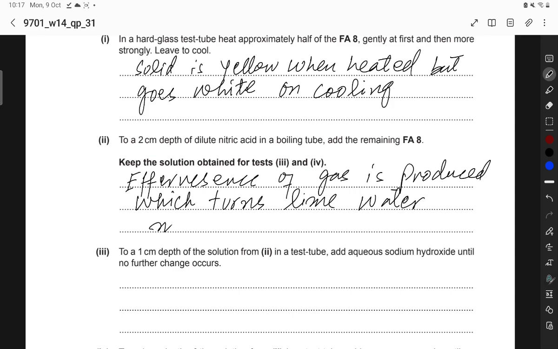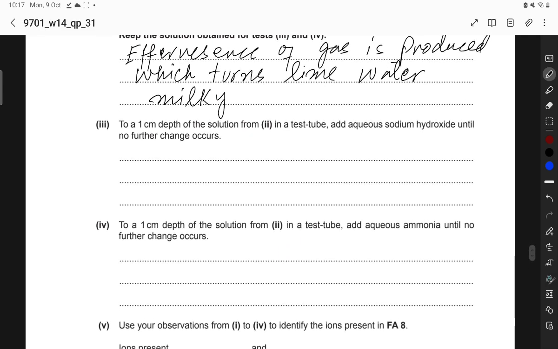Lime water milky confirms carbonate ion. To a 1 cm depth of the solution in a test tube, add aqueous sodium hydroxide until no further change.